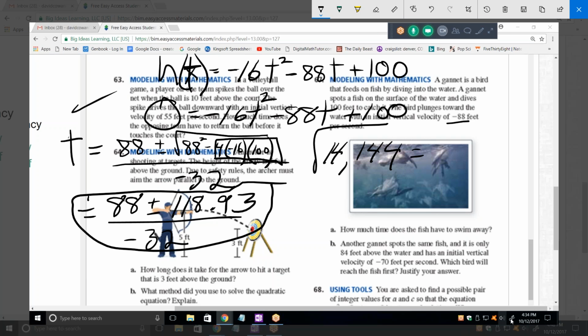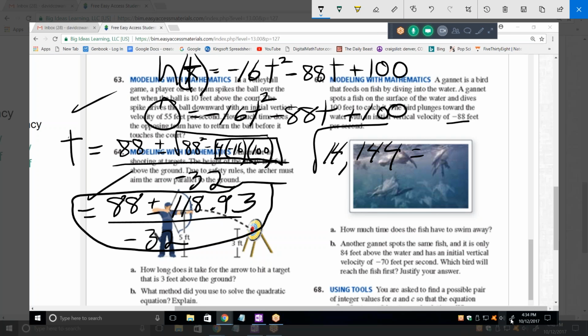No, this gives me two solutions. Figure out what both of them are and choose the positive. You don't actually have to do all that work.